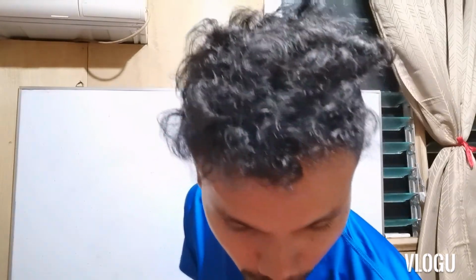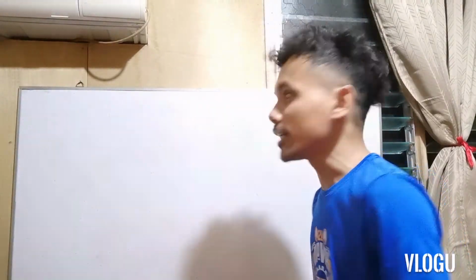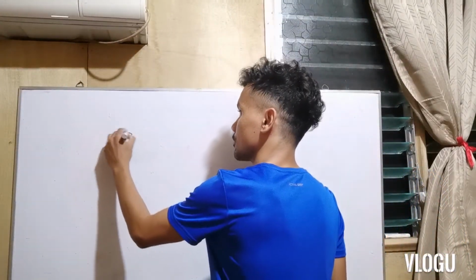And then, siya ay divisible by 3. Taking the sum of the digits. And if the sum is divisible by 3, therefore, the number is divisible by 3. So, dapat dalawa ha. Dapat divisible siya by 2 at the same time divisible din siya by 3. So, dalawa ang requirement. Let's take an example. I have prepared an example right here. Okay, so you have 8,862.